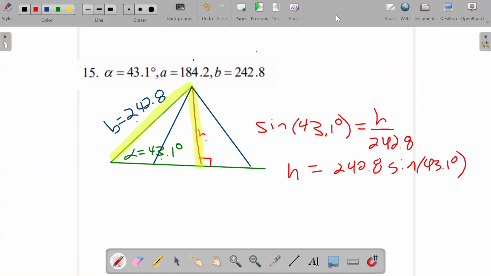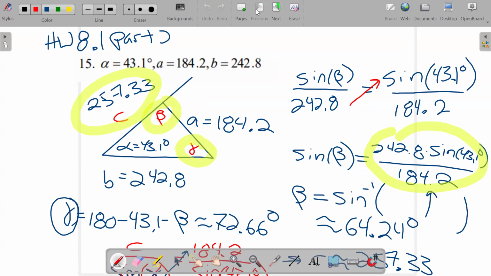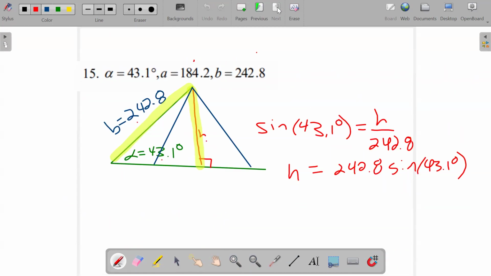Okay, let's see. Back here, I found that beta was about 64 degrees in my first attempt. Side B is over here, so this is the beta I found right there. That does look around 64 degrees.